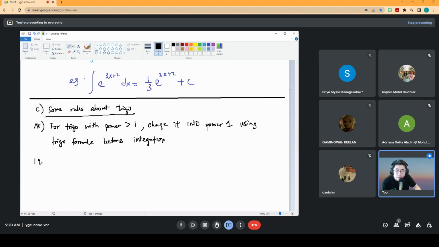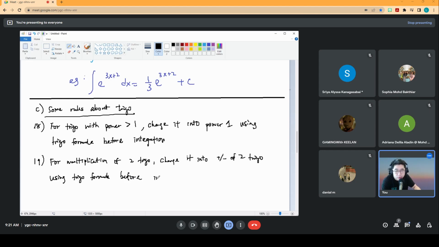Number 19, for multiplication of 2 trigo, change it into plus minus of 2 trigo using trigo formula before integration.